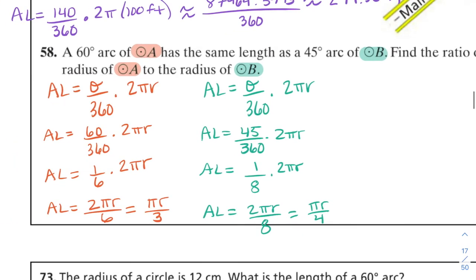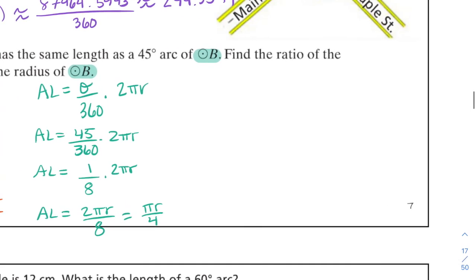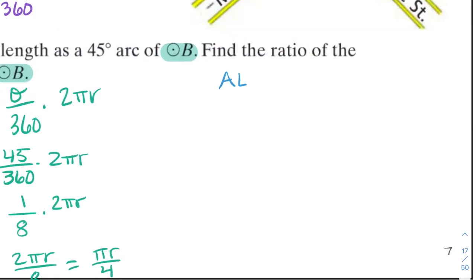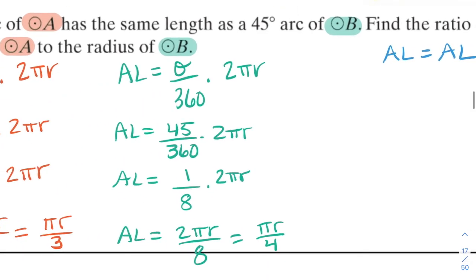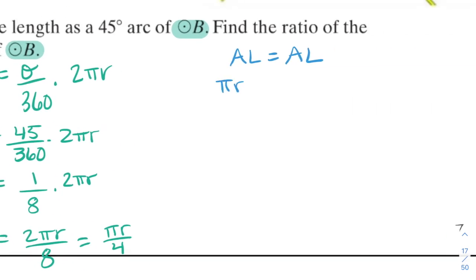Those lengths are equal to each other. So now I'm going to set them equal. I'm going to say AL equals AL. So I have pi r over 3 equals pi r over 4. Okay.